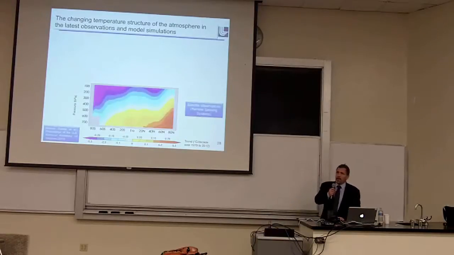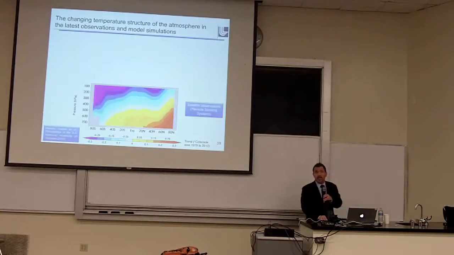And this is what their data show. They show cooling of the upper atmosphere, with largest cooling over the Antarctic ozone hole, and warming of the lower troposphere, with largest warming over the Arctic, where we've seen the largest retreat of Arctic sea ice over the last 2 to 3 decades in particular.